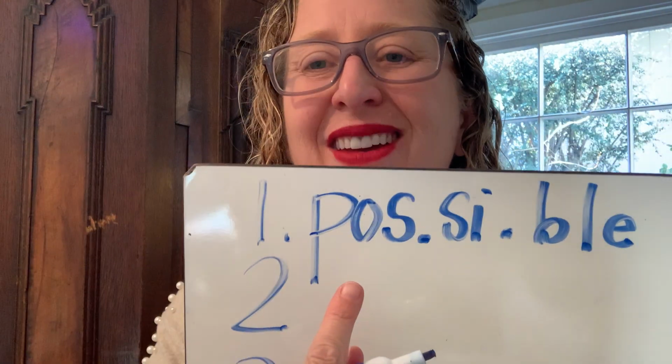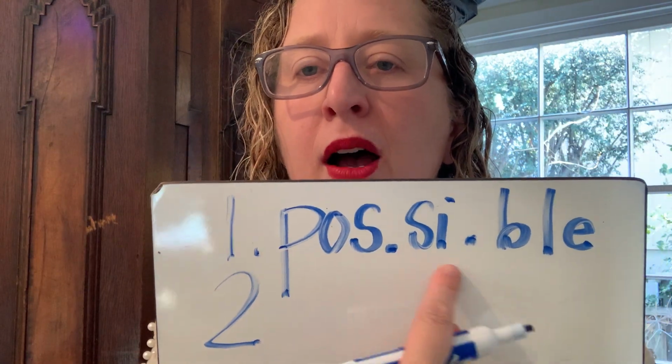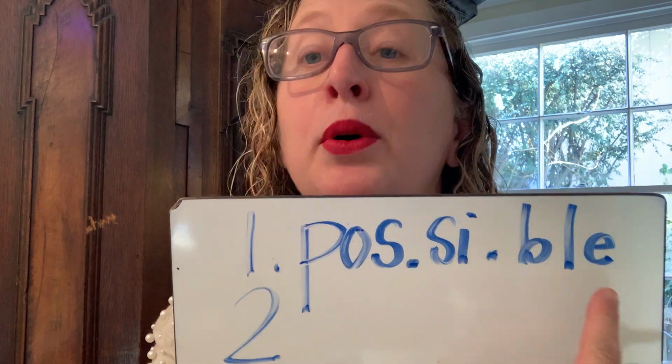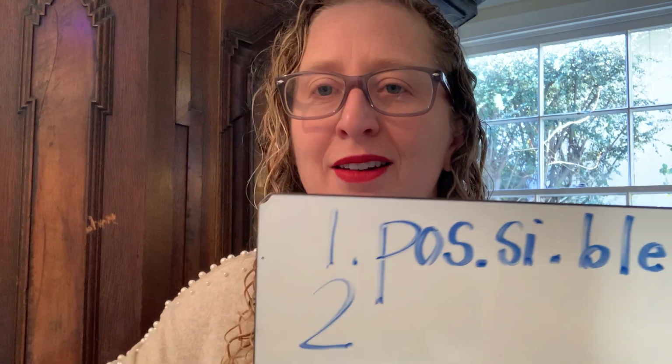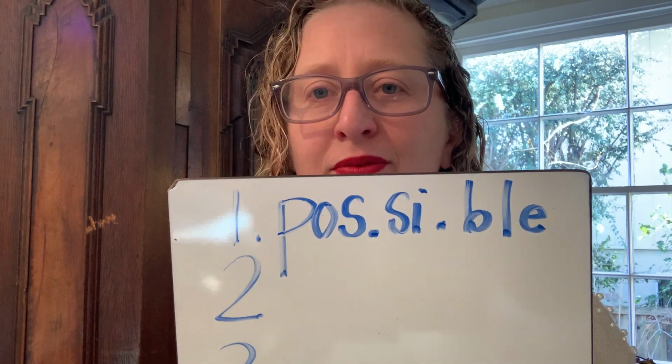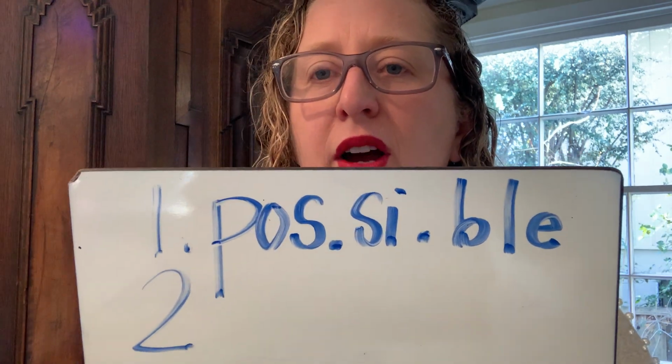Pause, pause, pause, second syllable, bull. Possible is the word, possible. If you didn't get it correct, fix it now. Possible. It is possible to do your best every day. It is possible. Fix it if it is not correct.